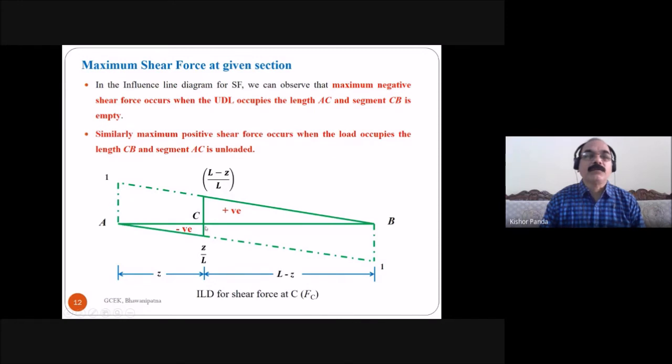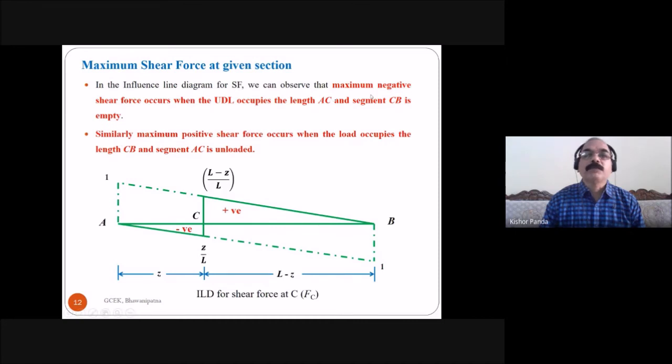And where will you get the maximum positive shear force? When the UDL occupies the length BC, at that position you will get the maximum positive shear force.